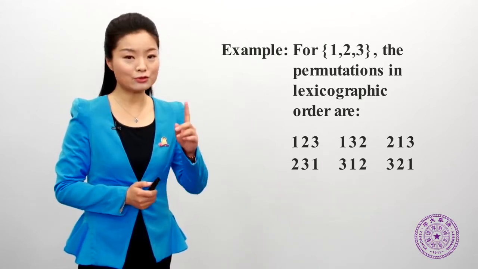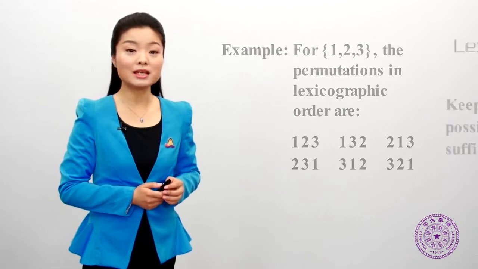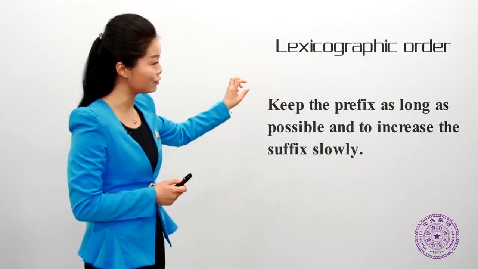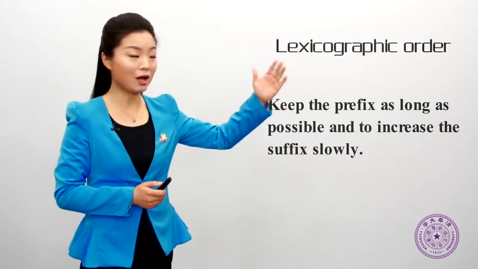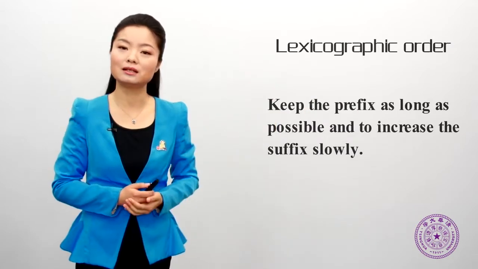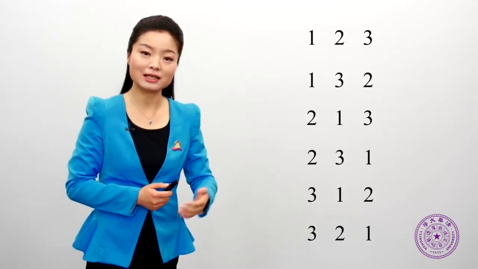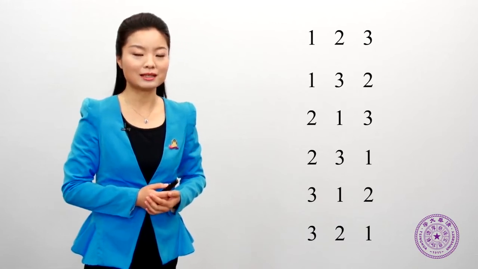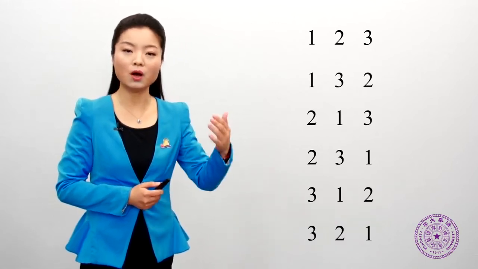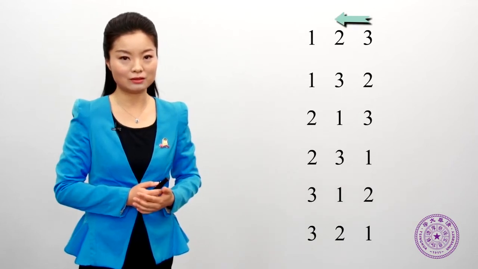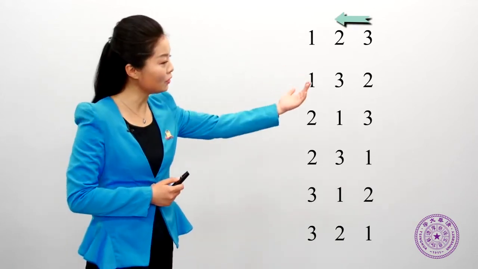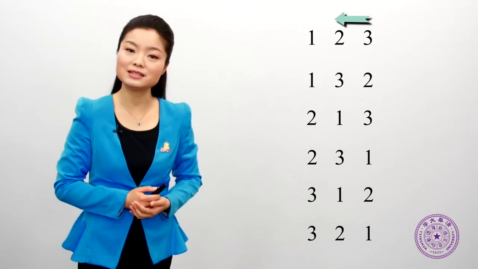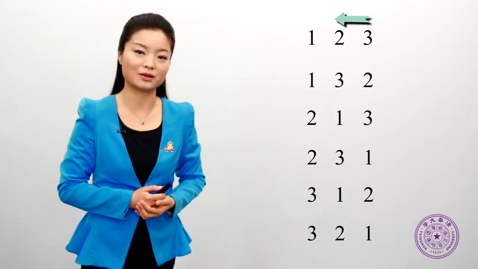The key idea of lexicographic order is to keep the prefix as long as possible and to increase the suffix slowly. Let's analyze. How should we generate the permutations of 1, 2, 3? At first, we will try to keep the suffix as small as possible. We need to analyze whether it's the shortest suffix or not from right to left.